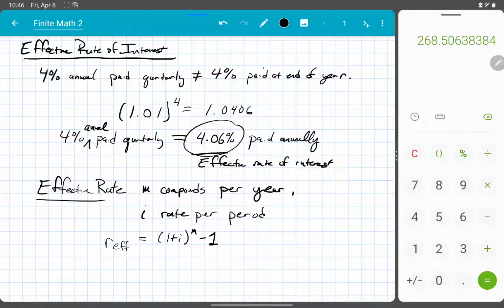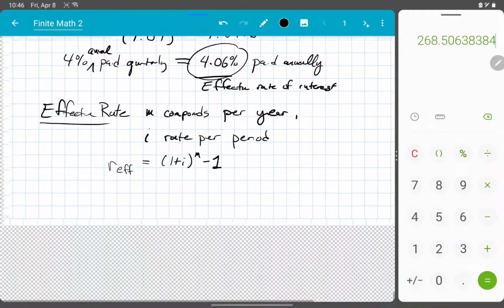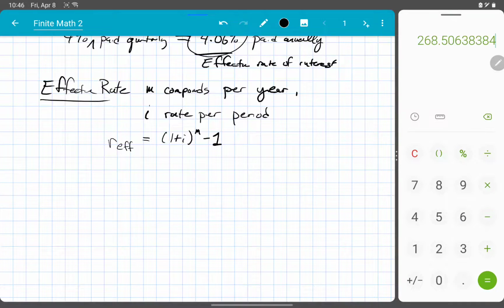And you'll see that's what we did earlier as well, except I reported it as a percentage and not as a decimal. And so the effective rate of interest converts an amount of interest paid periodically into an annual rate paid once. An effective annual rate is what it means.